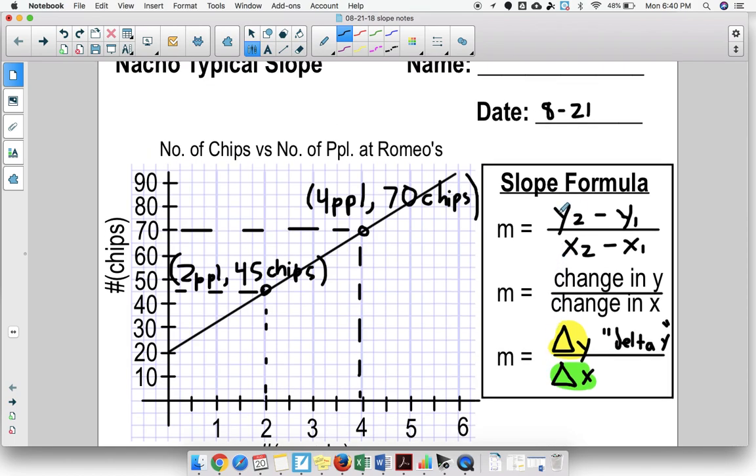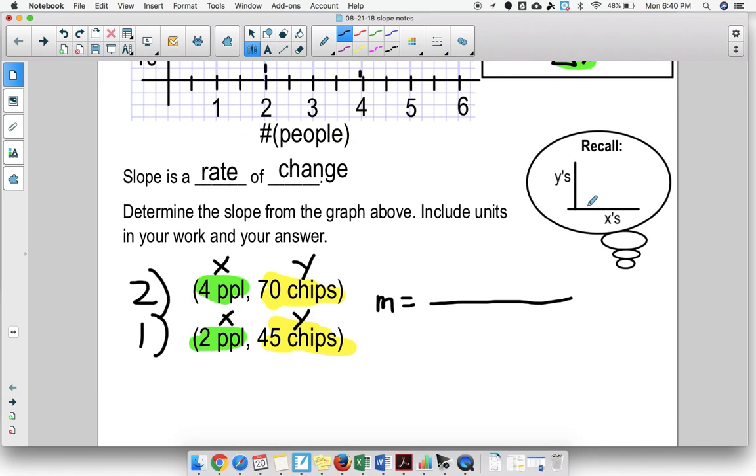The formula says take the Y values on the top of the fraction, or in the numerator, and subtract them. So here, these are my Y values, 70 chips and 45 chips. So we're going to do 70 chips, don't forget the unit, minus the other Y value, 45 chips.